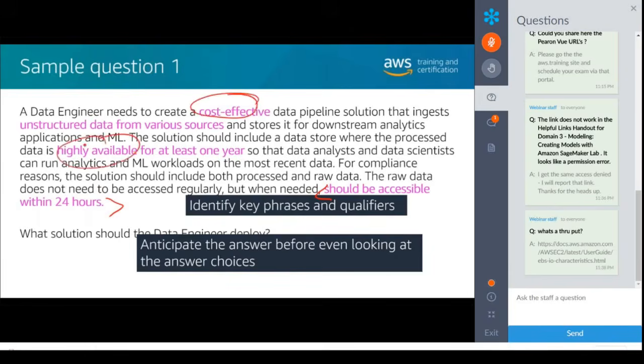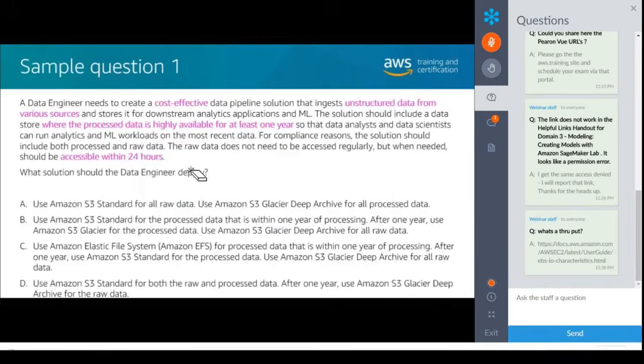And highly available, fine. You know, all of our services are highly available, so that doesn't really narrow down anything. But for at least 1 year means that we can't use like a stream or something to host our data, right? So you should already be thinking cold storage, frozen storage, you know, really cold, not warm, not hot. So what's the coldest thing we've got?